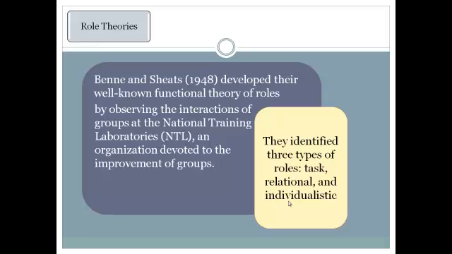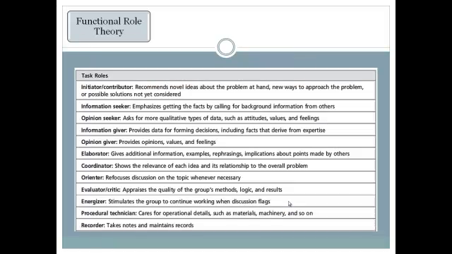In their observations of group interactions, they identified certain roles that came out in their interaction that may or may not exist in certain groups. Perhaps you've been in groups and you can identify some of these. So let's take a look, for example, at the task roles.